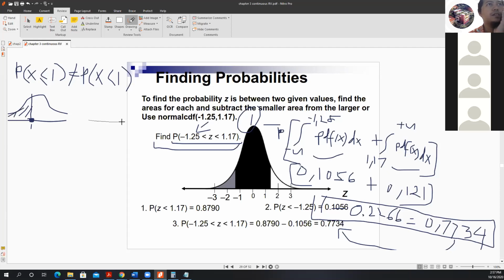But for the one here, it doesn't include. So I don't make it black. So the area is only this, but the line is not included. That's why this expression is not the same, not equal.